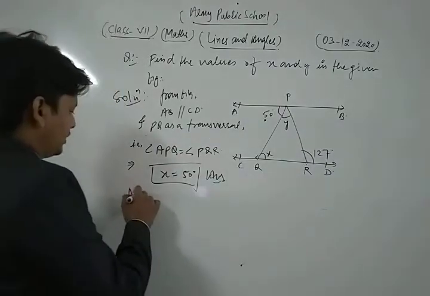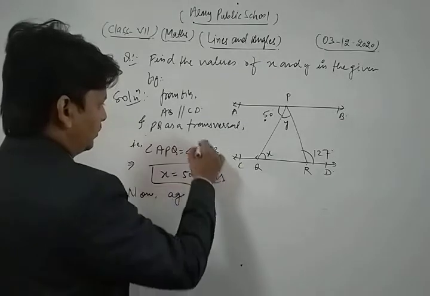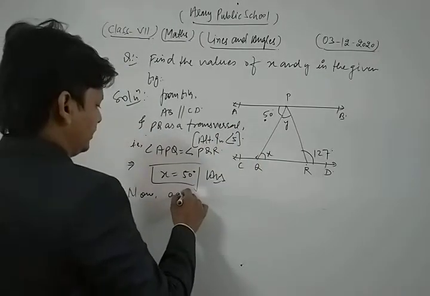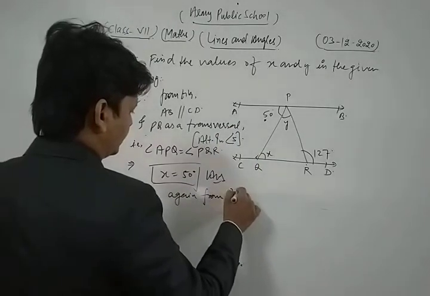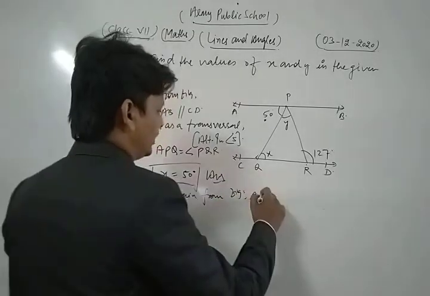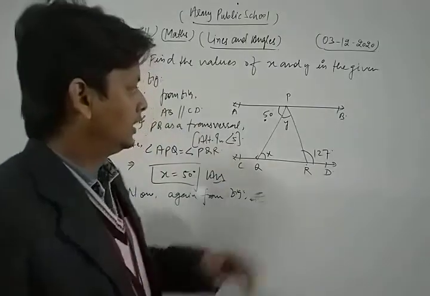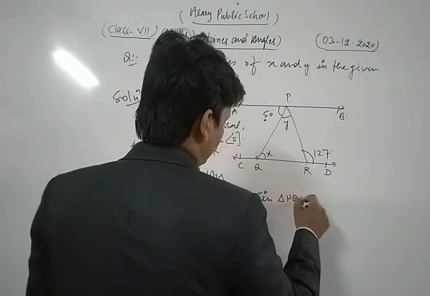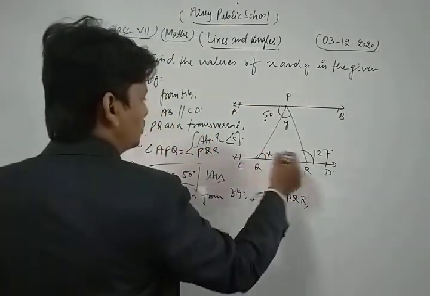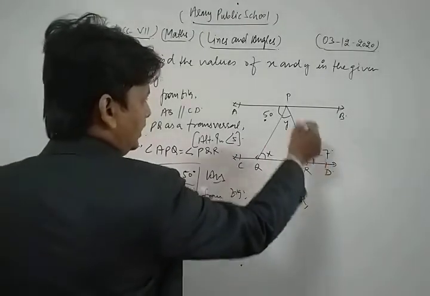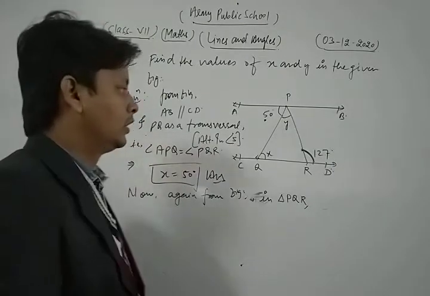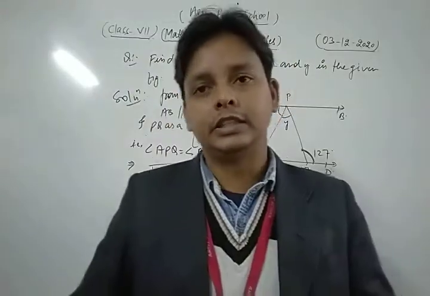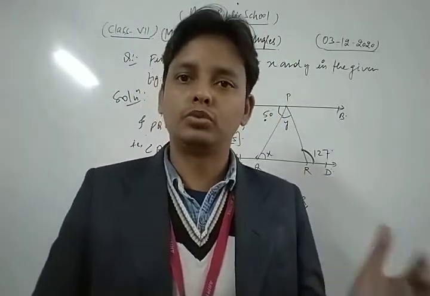Now again from the figure, let's see, in triangle PQR, the angle PRD is the exterior angle, and we know, dear students, from the previous chapter on triangles, that the exterior angle is always equal to the sum of its two opposite interior angles.